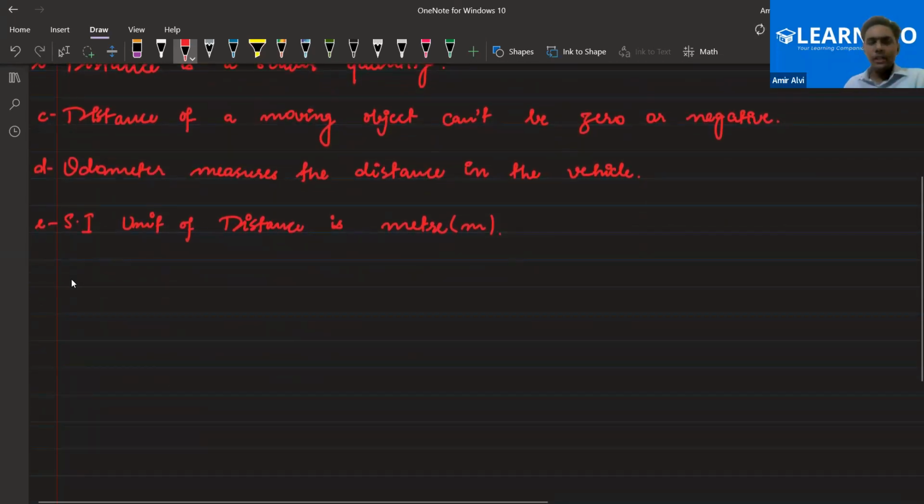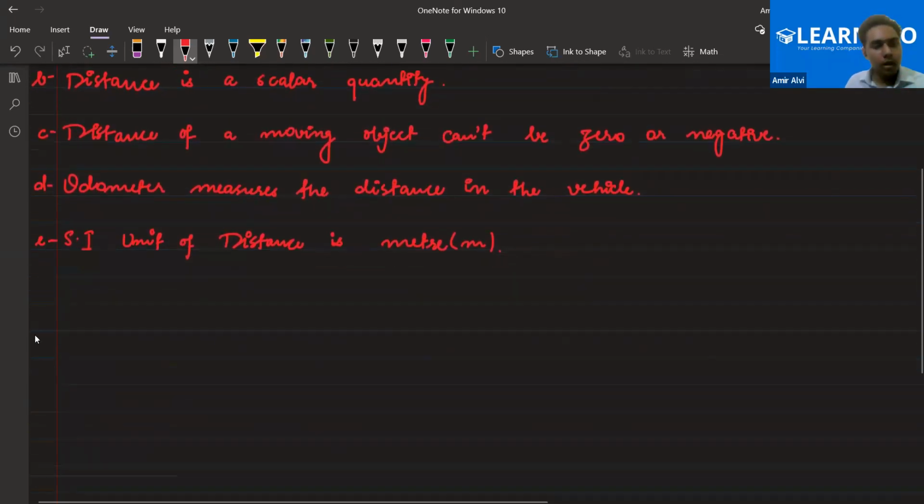Now let's talk about displacement, and after that we'll be comparing distance and displacement in certain cases. Now we have completed distance. Now let's understand displacement.